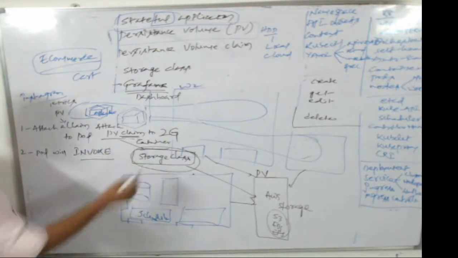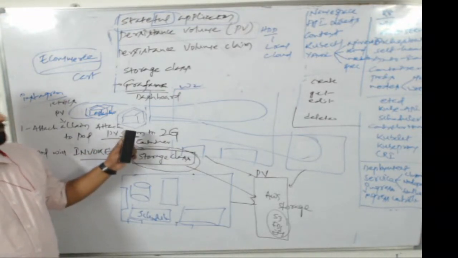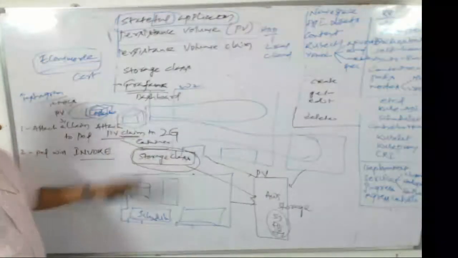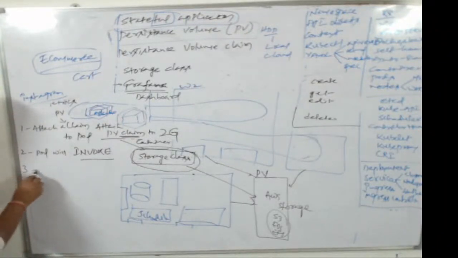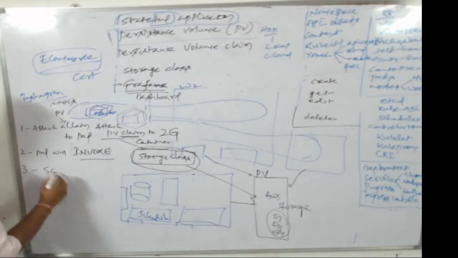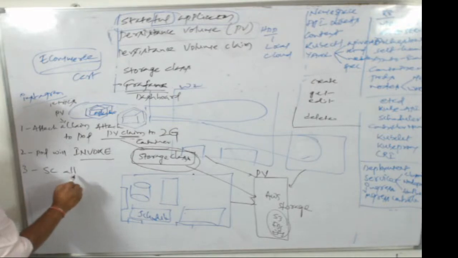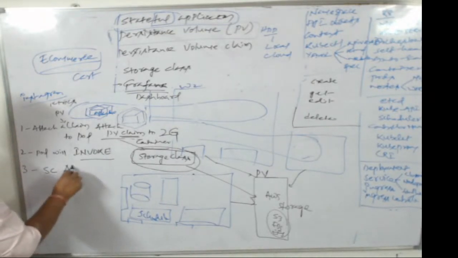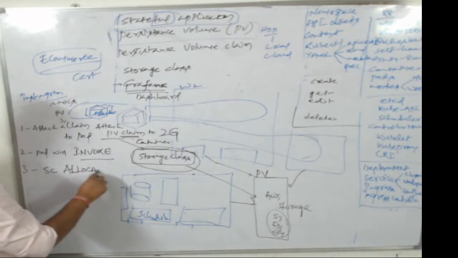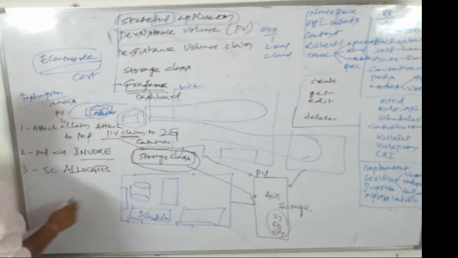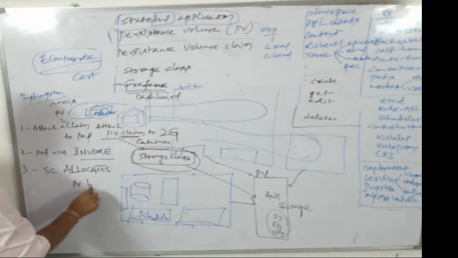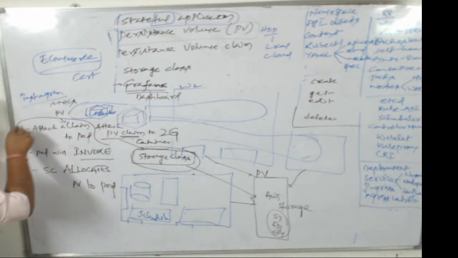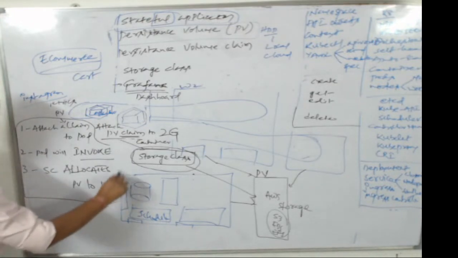Invoking is basically asking the storage class, so I have a claim, go get me my persistence volume. Then three, the storage class allocates the persistence volume to the pod. That's it. These are your three sentences that you should remember.